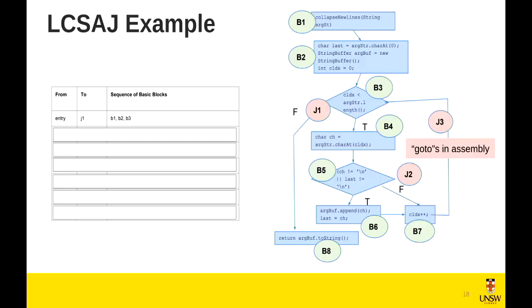Let's consider another one. From entry to J2, what are the basic blocks? It's quite straightforward. We just count out the basic blocks from entry to J2. What are the next from and to we can choose from? We already have entry to J1, entry to J2. What's the next we can have? Entry to J3. So it's also quite straightforward.